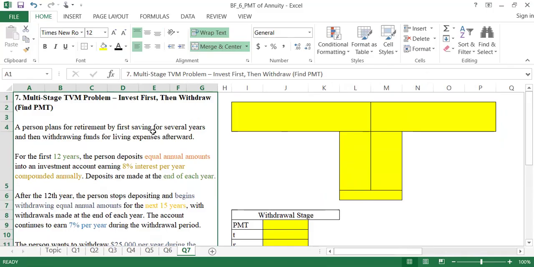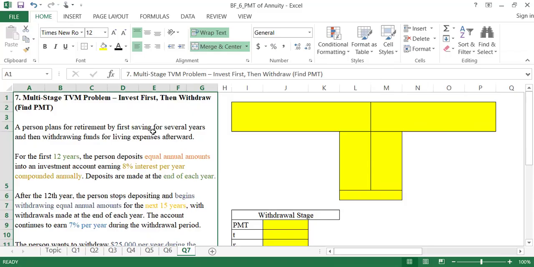In this question, we have a multi-stage TVM problem. So we will invest first and then withdraw. And the target is same, find the PMT. A person plans for retirement by first saving for several years and then withdrawing funds for living expenses afterwards.